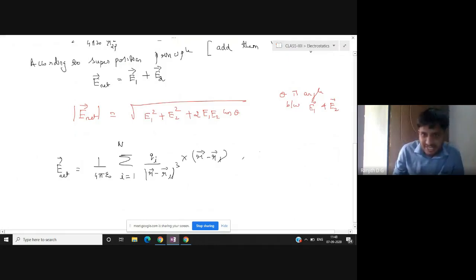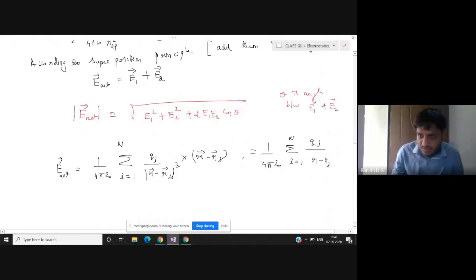Or else, another way you can write it is 1 by 4 pi epsilon naught, summation from i equal to 1 to n of qi divided by the magnitude of r minus ri whole square, and this is multiplied by r cap minus ri cap.